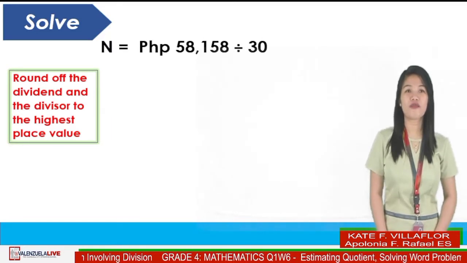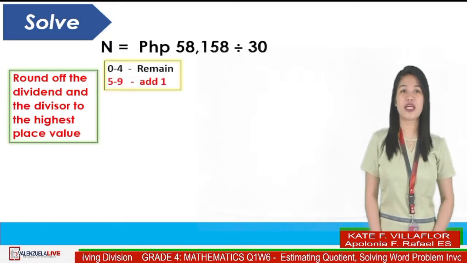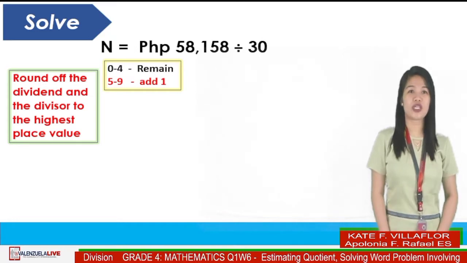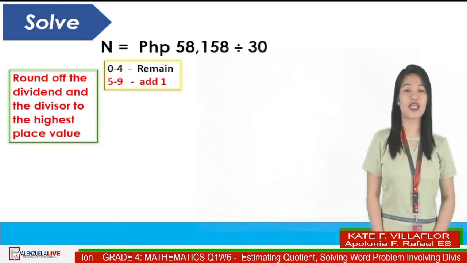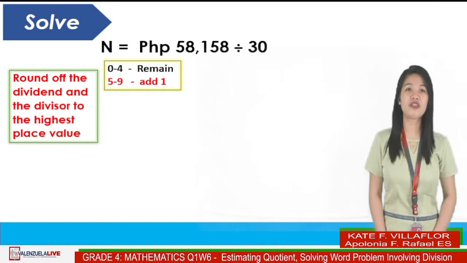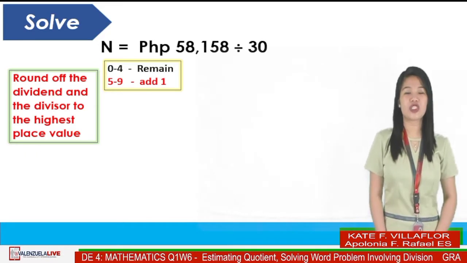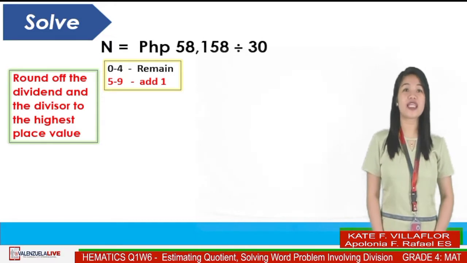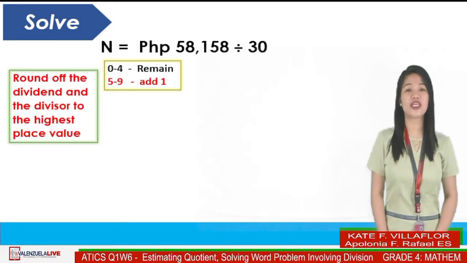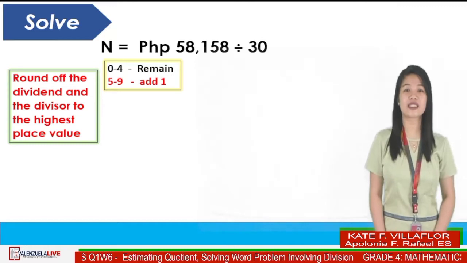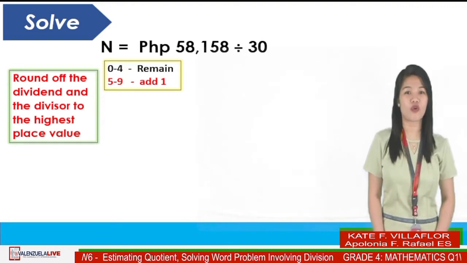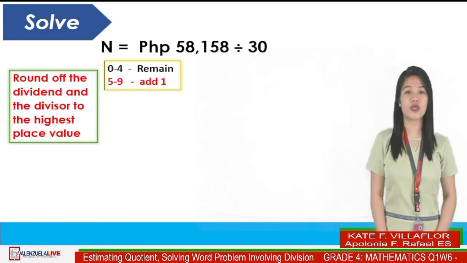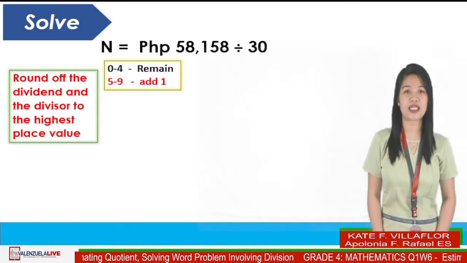To round off, 5 is the digit with the highest place value. Let's look at the digit to the right of 5. The digit to the right of 5 is 8. Remember, if the digit to the right is less than 5, or 0 to 4, the digit will remain the same.